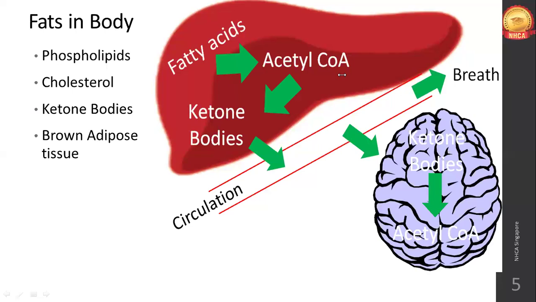That should be the carbohydrate. In keto diet, just 5 to 10% of energy should come from carbohydrates. In a normal diet, 60% of energy should come from carbohydrates. In a keto diet, 5 to 10% of energy should come from carbohydrates.